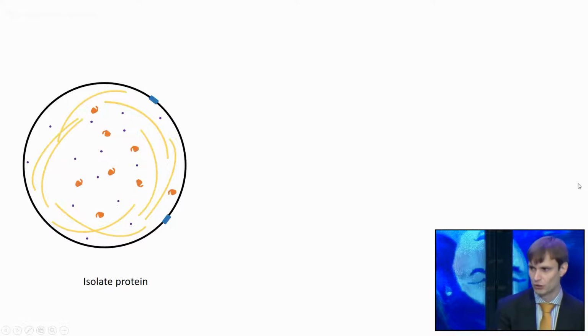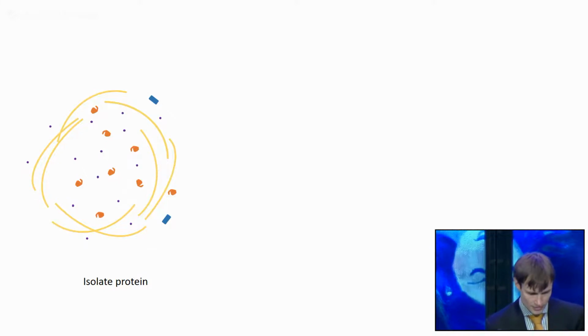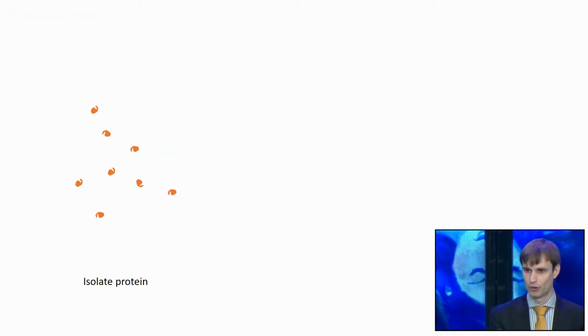So what is the traditional way to obtain structures of proteins? The traditional way is to isolate the protein from its natural context. It's typically overexpressed in a cell. The cell is then broken up, and biochemical properties of the protein of interest are used to isolate it from among the other proteins.